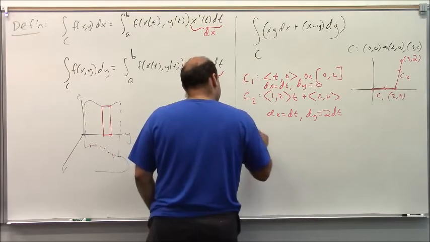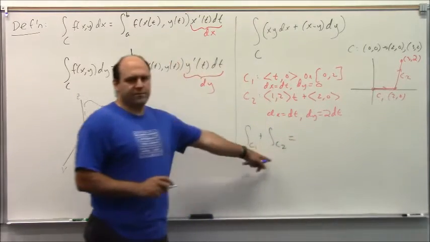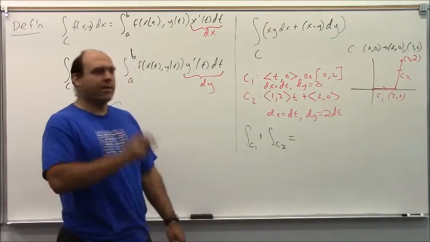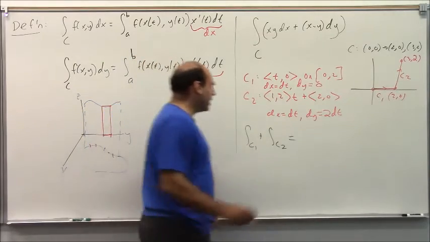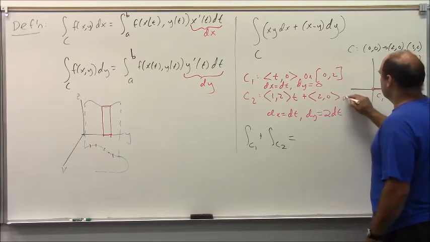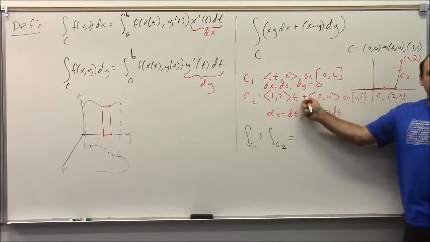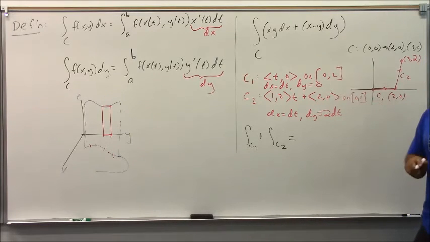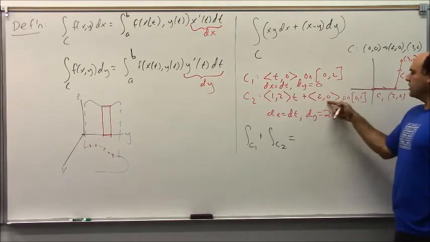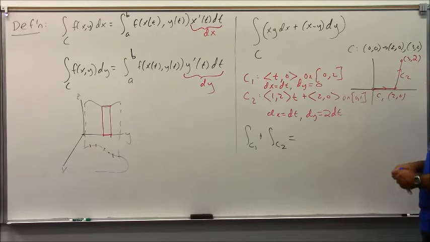I get the path integral over C1 plus the path integral over C2. I'm using very shorthand here, so I don't have to rewrite all that stuff for both my path integrals. And this is going to equal, this is on [0, 1]. So when I do this standard parameterization for the line segment, it's always on the interval [0, 1]. Because when t equals 0, I'm at the starting point, and when t equals 1, I'm at the ending point, (3, 2) in this case.